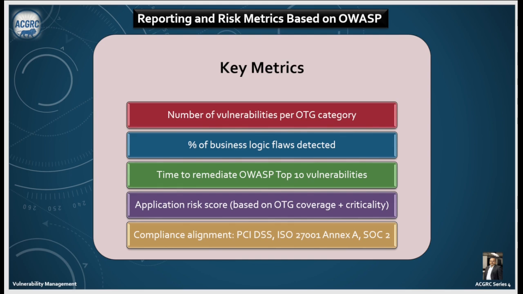It should include the executive summary, which is a high-level overview for management: main risks, impact, and recommended actions. It should include the finding list, which is a detailed list of vulnerabilities found during the testing. It should also include the risk rating, which is the severity level, low, medium, high, or critical, based on the OWASP risk model.